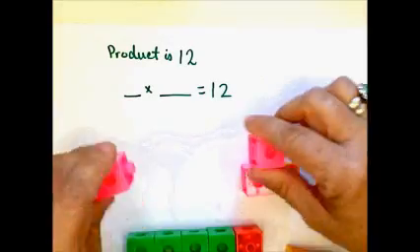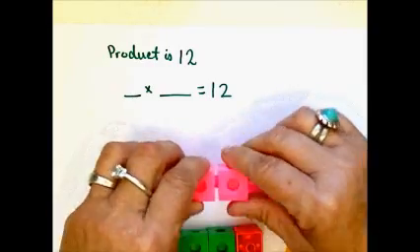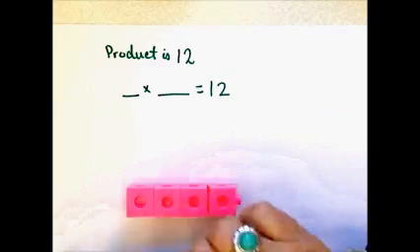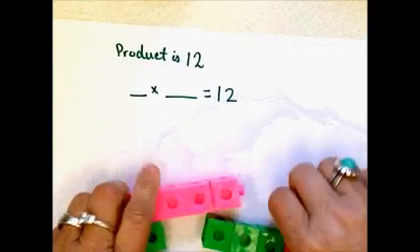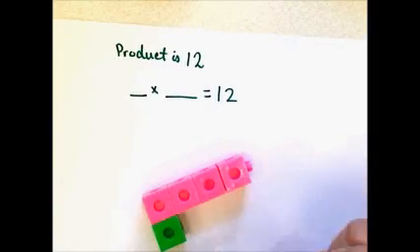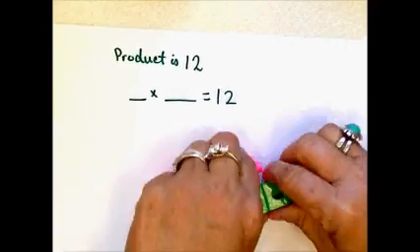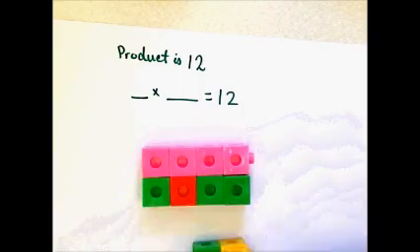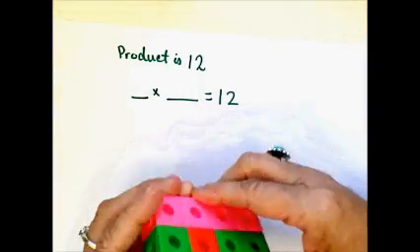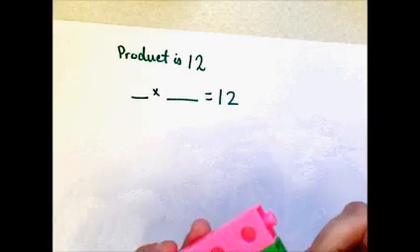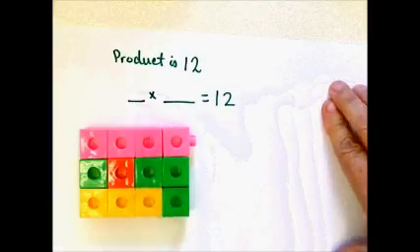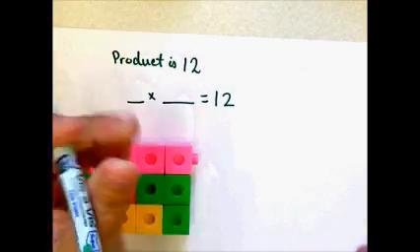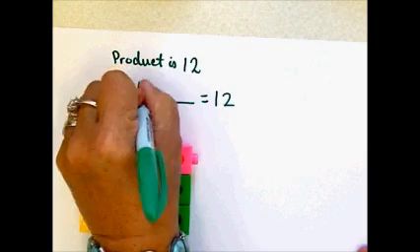Okay, let's see. So here's one array. I can make a rectangle out of it, and it's 4 times 3 or 3 times 4, either one.